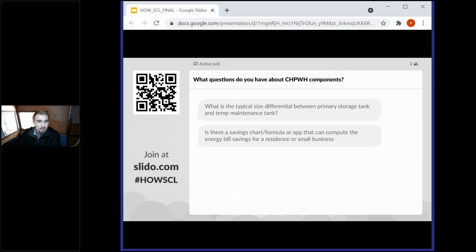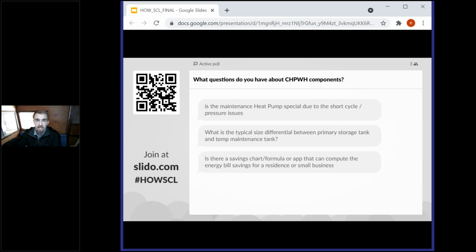Okay, so we have a couple questions here on the components. What is the typical size differential between primary storage tank and temperature maintenance tank? The temperature maintenance tank is often a lot smaller than the primary storage, because since the temperature maintenance loop is basically a pretty consistent heat loss, we can size the heater to make up for that heat a lot more closely.